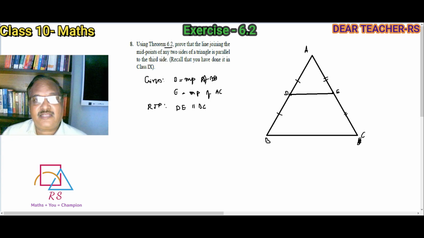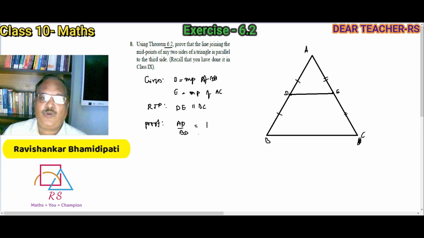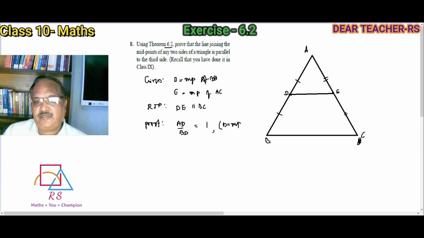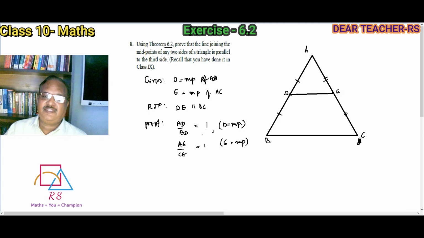Now don't apply, last year there is one theorem, don't apply that theorem. We will apply basic proportionality theorem in this. So now AD by BD, because D is the midpoint, AD BD are same, AD by BD is equal to 1. In the same way, AE by CE is also equal to 1, because E is a midpoint. If it is a midpoint, these two parts are equal. So right hand sides are 1 and 1.